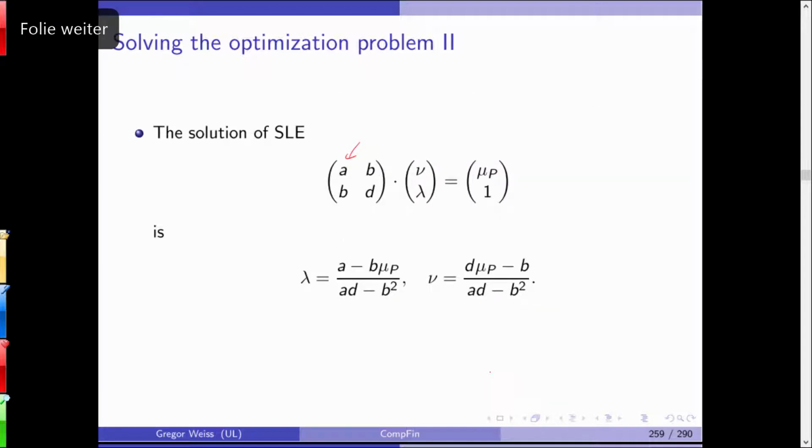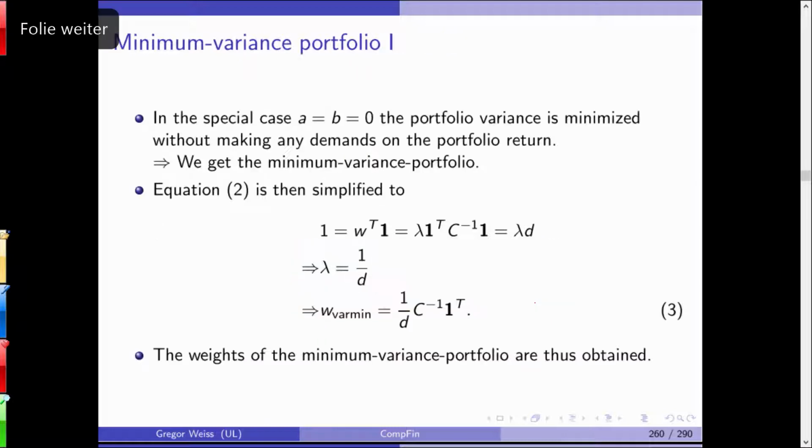And with a little bit of algebra, we get these results, lambda and nu. In the special case where A and B are equal to 0, the portfolio variance is minimized without making any demands on the portfolio return. In this case, if we don't set a constraint on the portfolio return, we get the minimum variance portfolio.